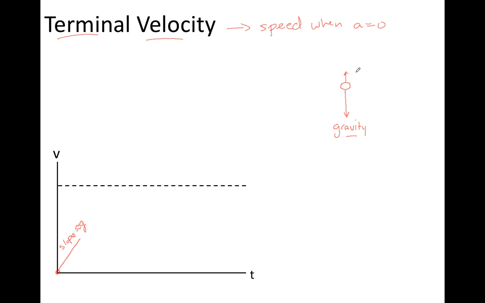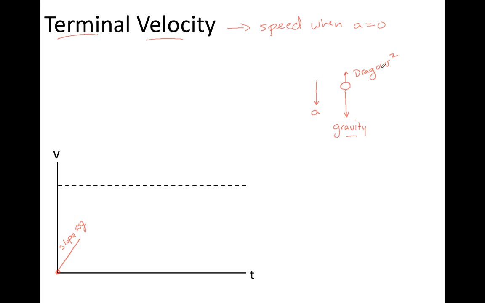And that drag force is going to get bigger and bigger as it gets faster, right? The drag force is proportional to the speed squared. So as the drag force gets bigger, when you find the total force, you have to add these two, right? And there's a bigger force down than there is up, so there's an acceleration down.